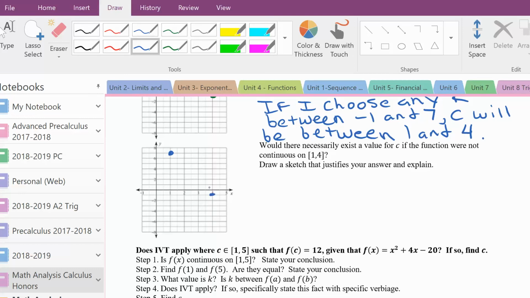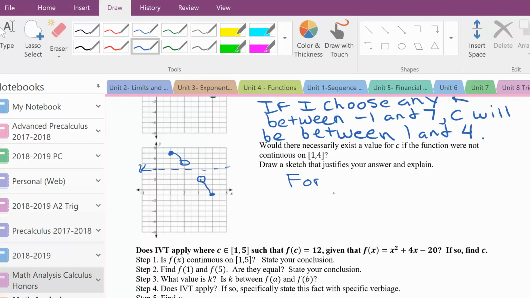But let's say I had the function like this and like that.